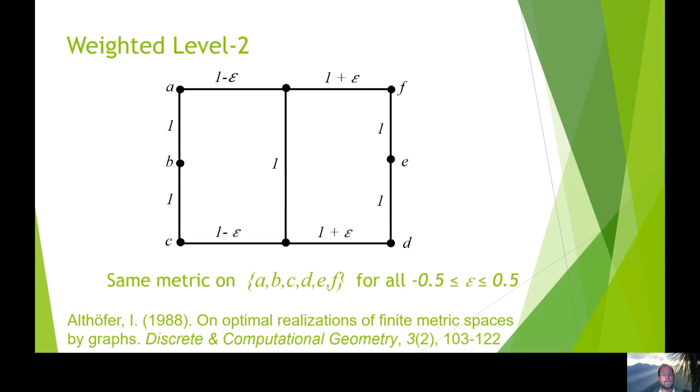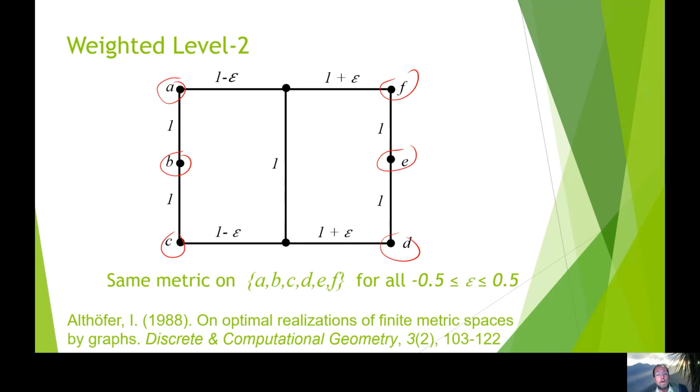So this example here was even presented in a really interesting paper going back to Althöfer in 1988. So here we have an example of what we would call an X level 2 network, where now we've got species A, B, C, F, E, and D.